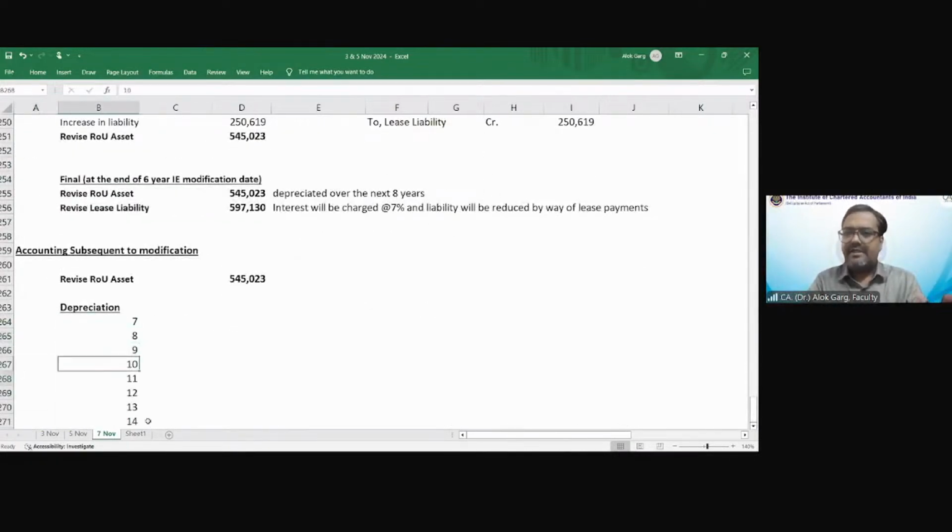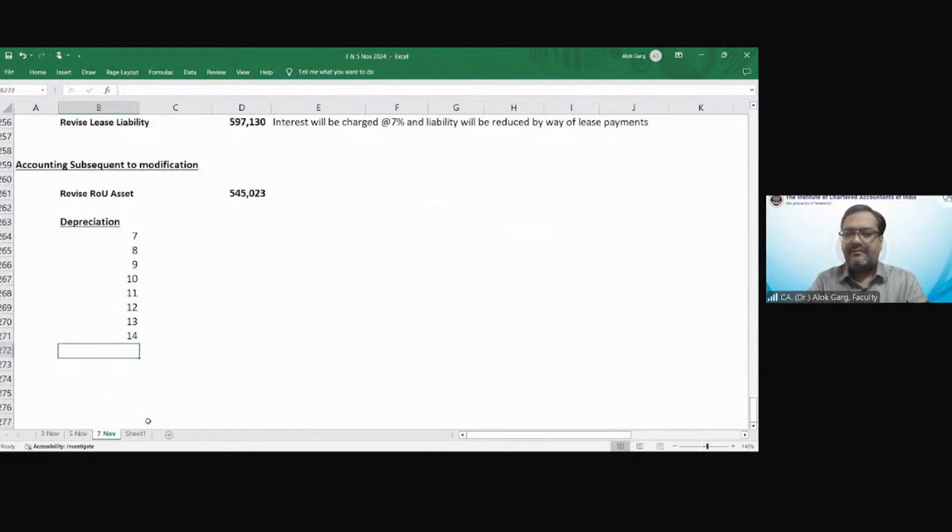Are you clear on this, year 7 to 14? 6 years are over. Now I am counting from the 7th year. This is year 7, year 8, 9, 10, 11, 12, 13, 14.